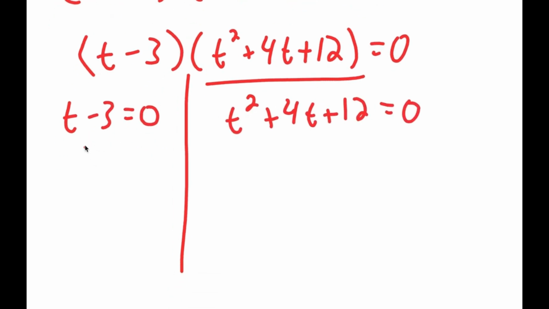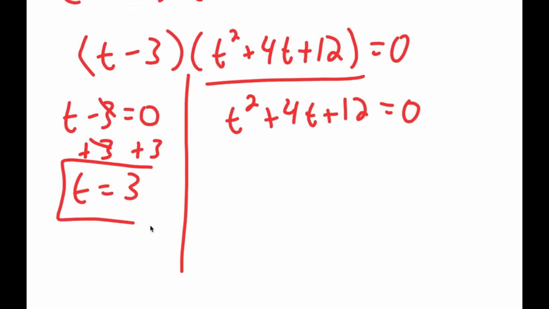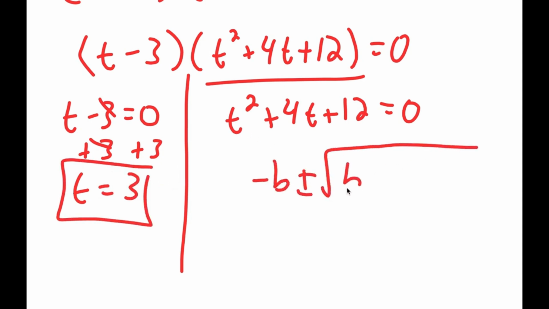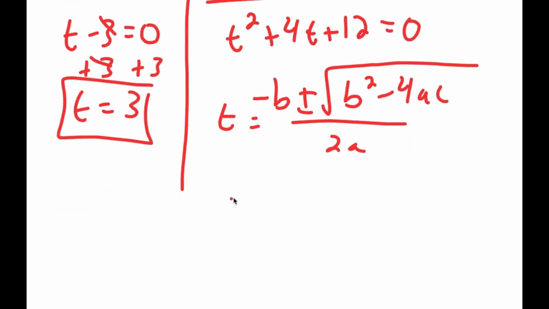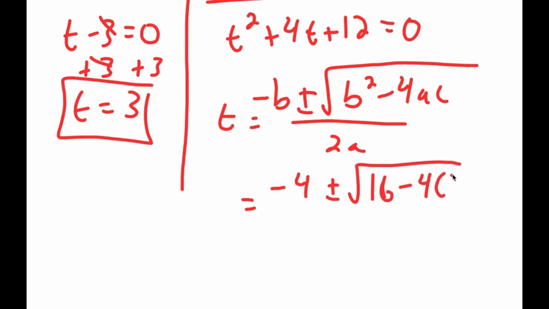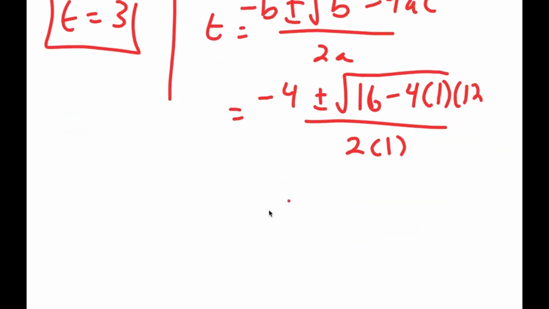So obviously t minus 3, we already know the answer to that is t equals 3. But for t squared plus 4t plus 12 is equal to 0, to solve this we're going to have to use the quadratic formula. So I get negative 4 plus or minus the square root of b squared, so 4 squared, which is 16, minus 4 times a, which is 1, times c, which is 12, all over 2a, so 2 times 1.